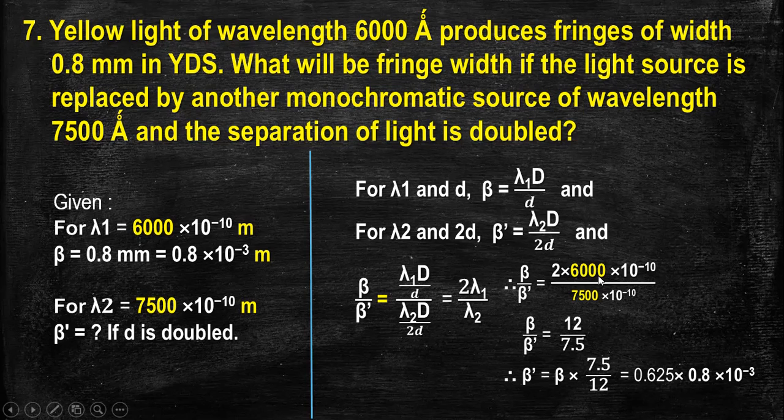I'm taking these three zeros in this power, it becomes 10 to the power of minus 7. And if I take 7.5, then 10 to the power of minus 10 becomes 10 to the power of minus 7. So if you solve for beta dash, it will be beta into 7.5 upon 12, which is equal to 0.625 into 0.8 into 10 to the power of minus 3.